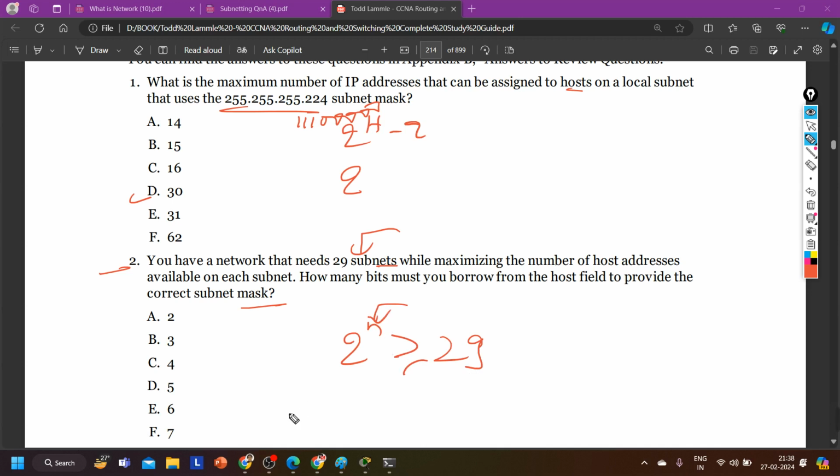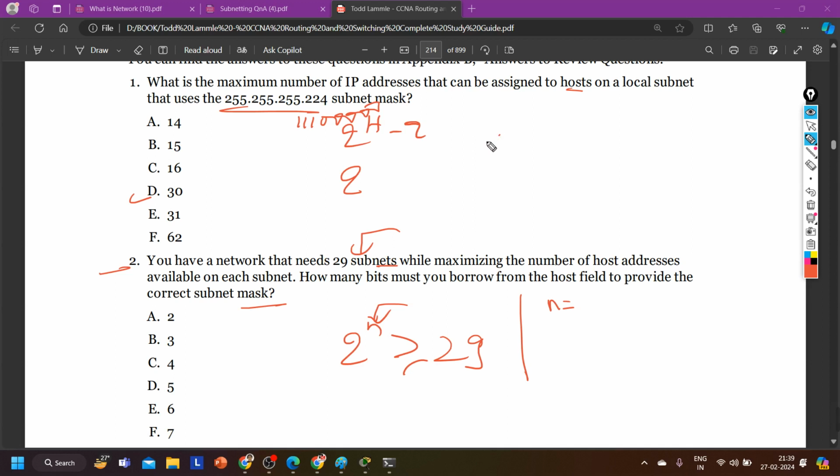Now tell me what will be the value of n. If n is 0, the value is 1. If n is 2, the value is 4.